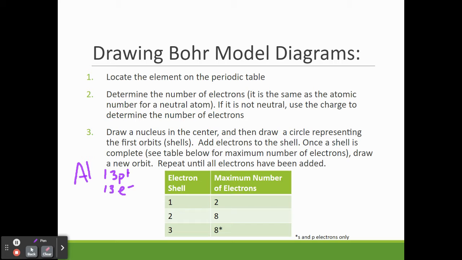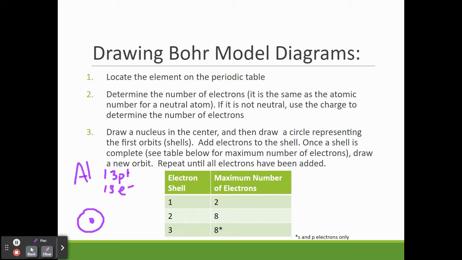Now we're going to get to actually drawing our Bohr model. So first step in drawing the Bohr model is to draw a nucleus, and you can just draw a dot for the nucleus. Then we're going to draw a circle, which is going to represent the first orbit. And we're now going to add electrons in the shell. So we need a total of 13 electrons.